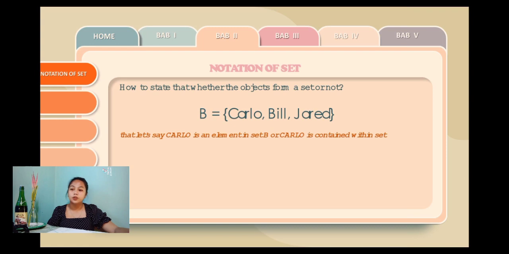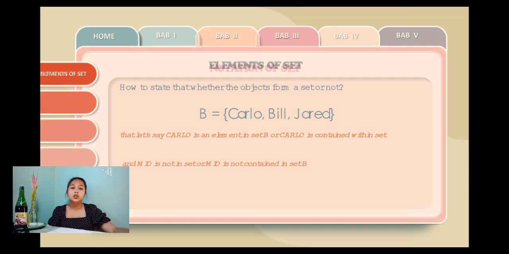Let's say that Carlo is an element in the set of brothers, or Carlo is contained within the set. And Mio is not in the set, or Mio is not contained in the set of brothers. So that's the example of notation of elements.